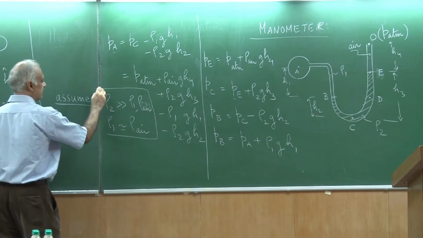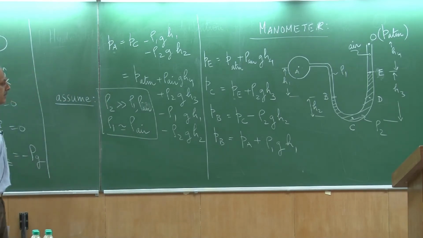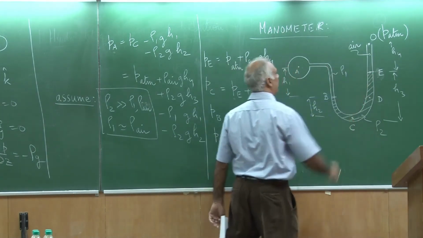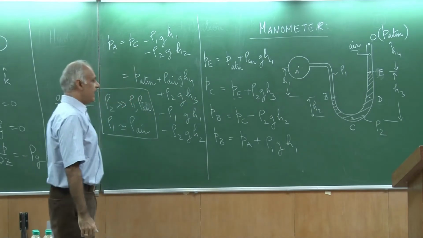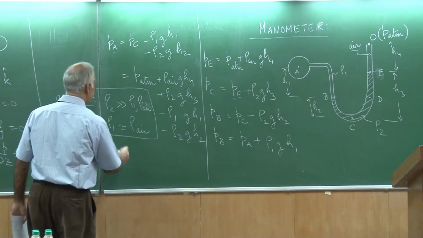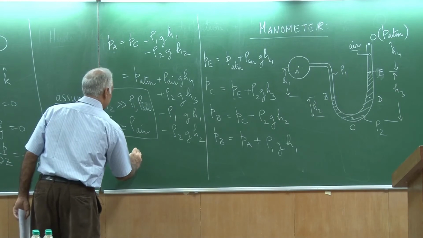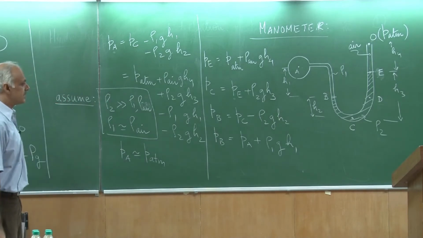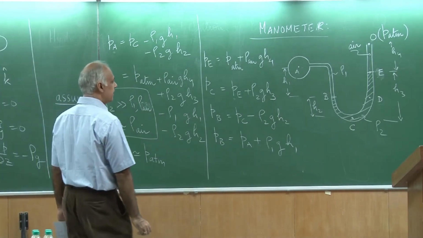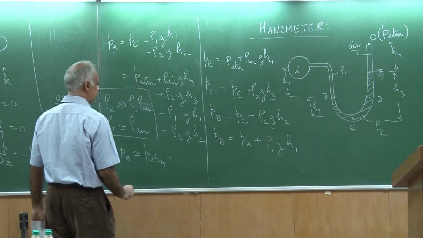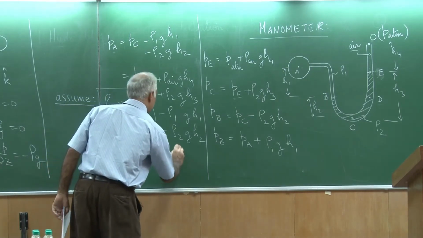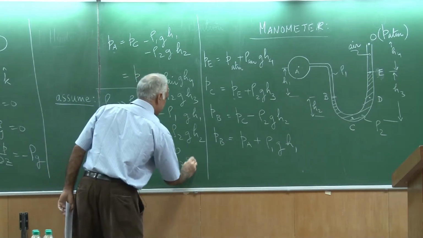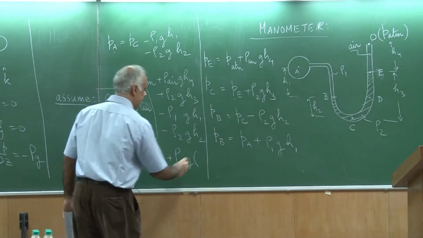Suppose I assume these, then essentially I can neglect the pressure because of this air column and because of this air column, and then I would get a very simple result that PA is nearly equal to the atmospheric pressure and simply the difference plus rho 2. So only these two terms survive, G times H3 minus H2.